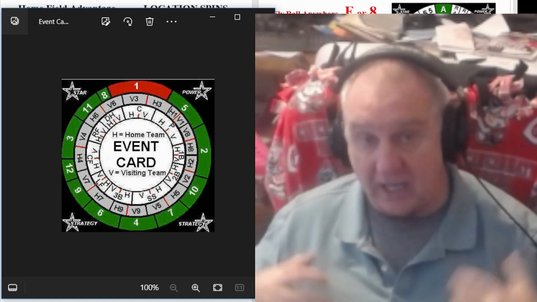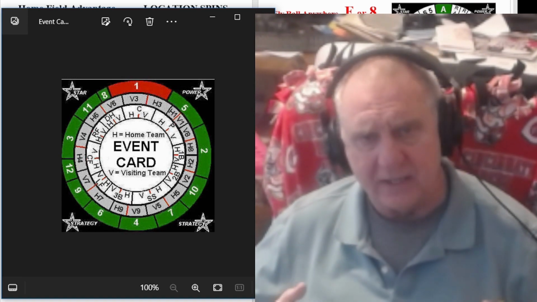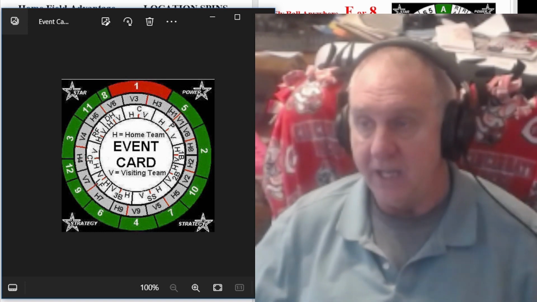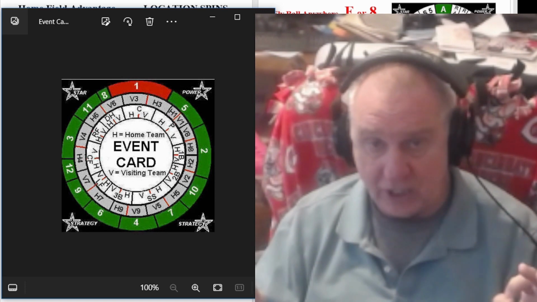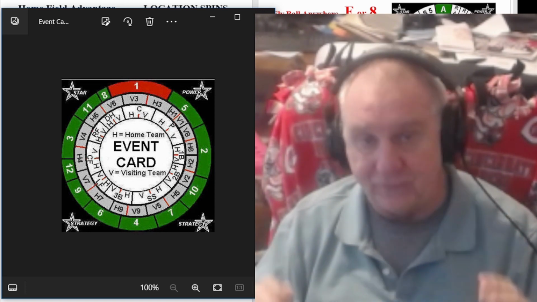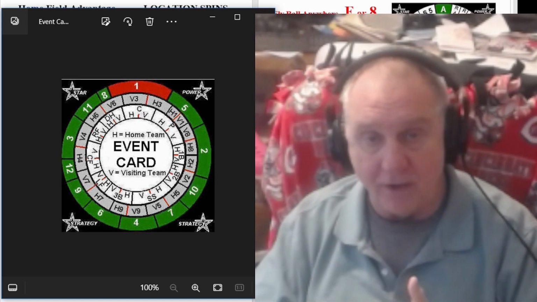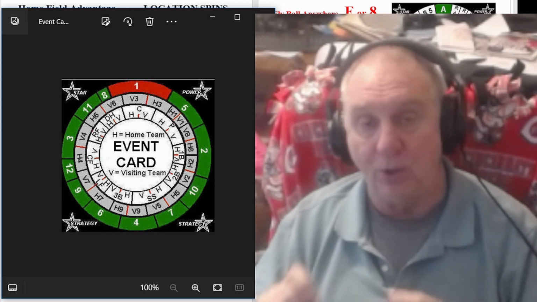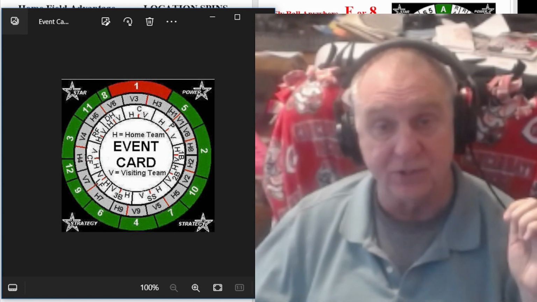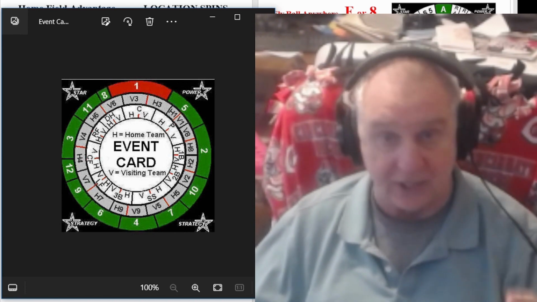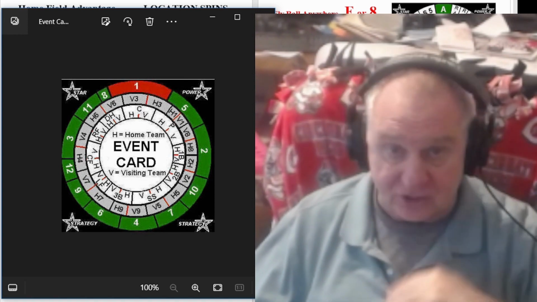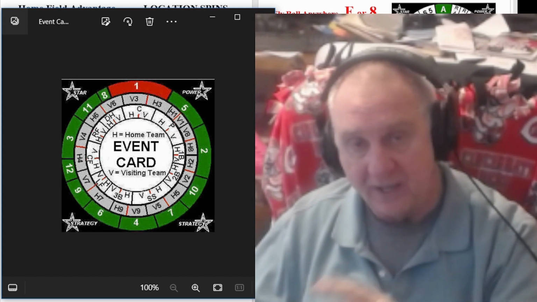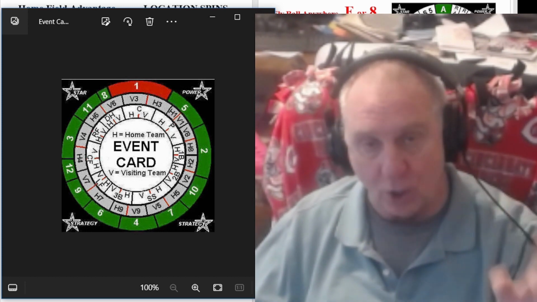Then the person that got challenged, the person with the advantage, spins the same card. If the two results are equal, the call on the field stands. There is not enough evidence to overturn the call. If the person that throws the red flag, the person that spins first, the person that doesn't like the call, the person that is challenging spins higher than the other person, the call on the field is overturned.